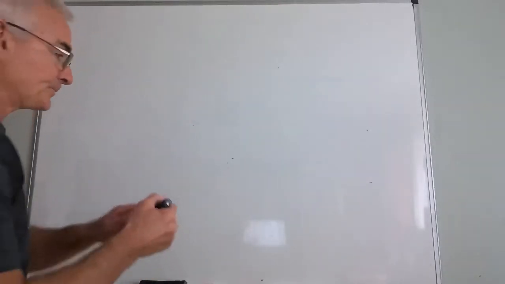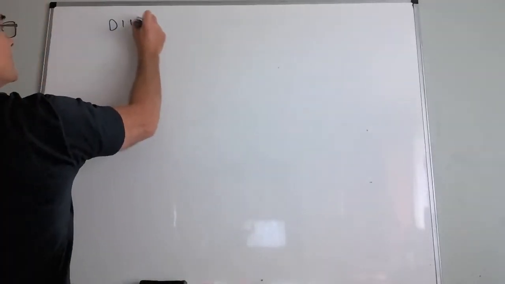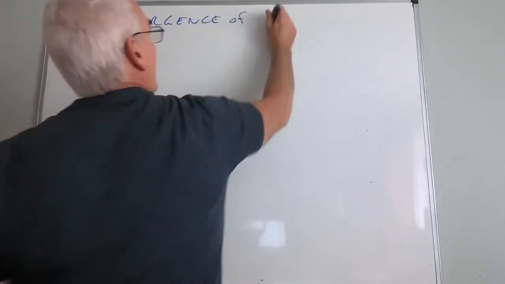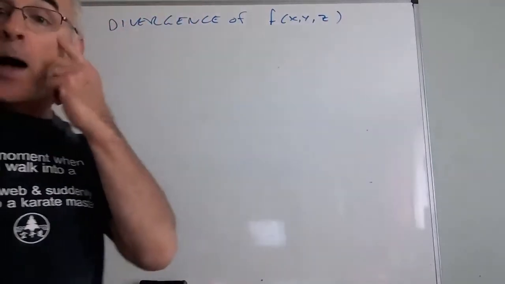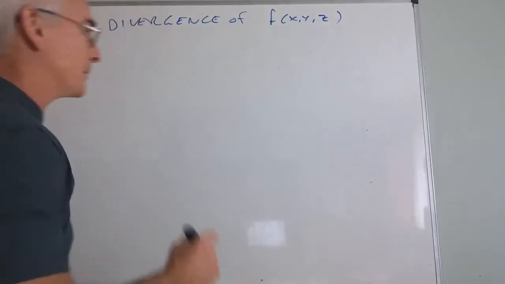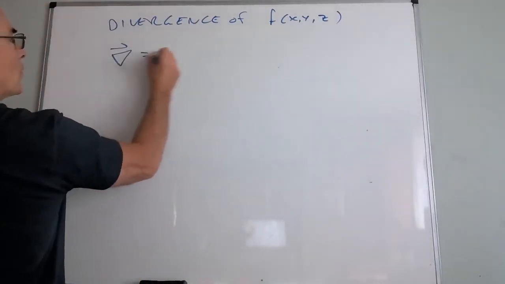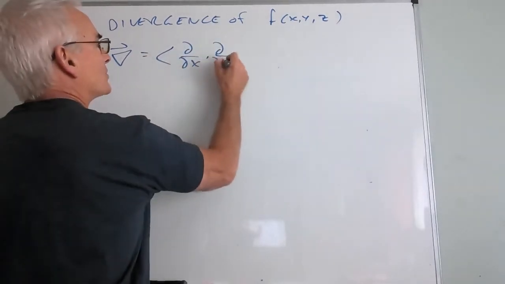The first one is called the divergence of a function f of x, y, z. Now, this is an operator, and it's actually the del operator. If you remember from gradient, the del operator was the operator of partial derivatives.